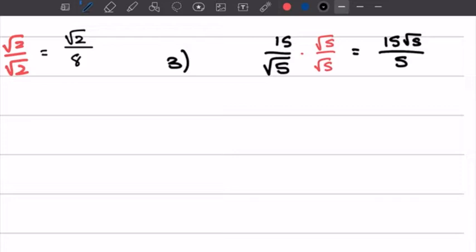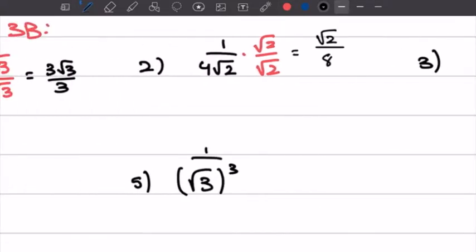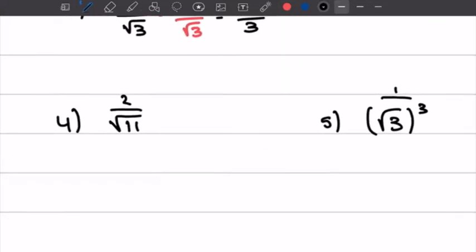Now you can actually see that you can cancel out and simplify this even further, as 5 times 3 is 15, which is just 3 root 5. Next one, 2 over root 11, straightforward. Root 11 divided by root 11 is just 2 root 11 divided by 11.